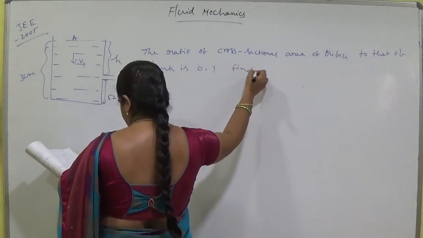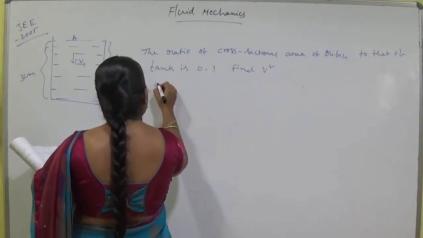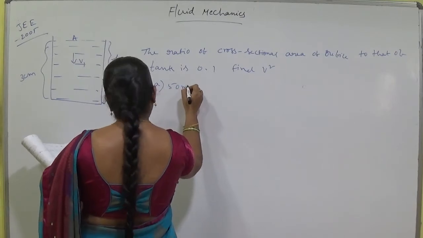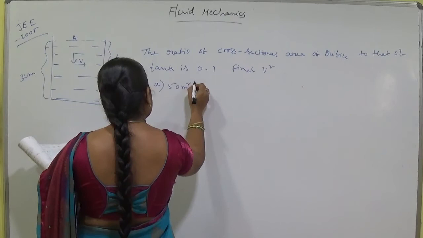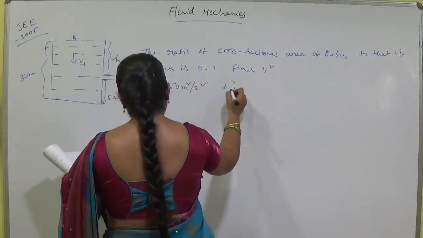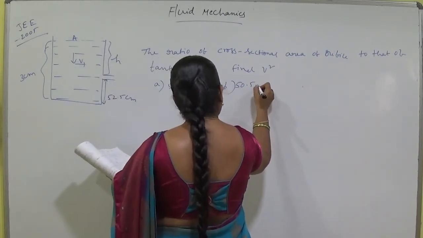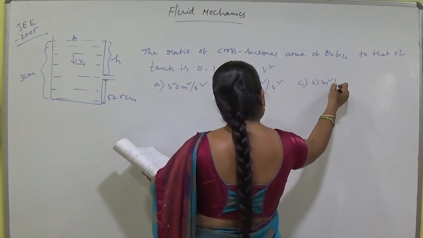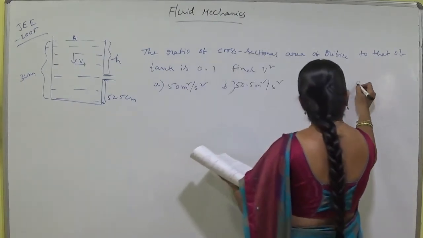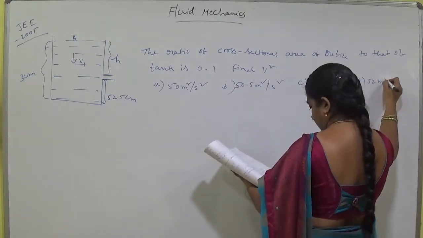Find V square. A is equal to 50 meter square per second square. B is equal to 50.5 meter square per second square. C, 51 meter square per second square. D, 52 meter square per second square.